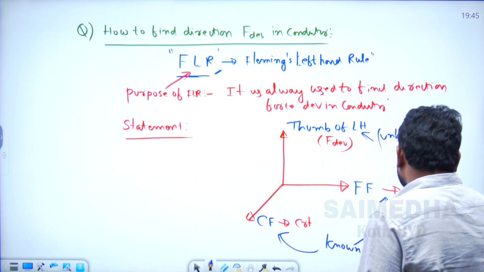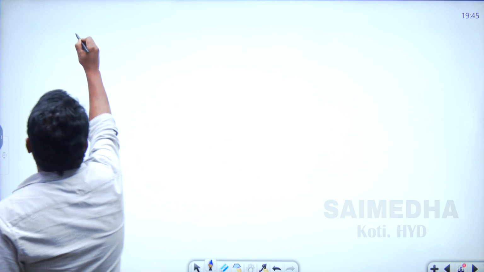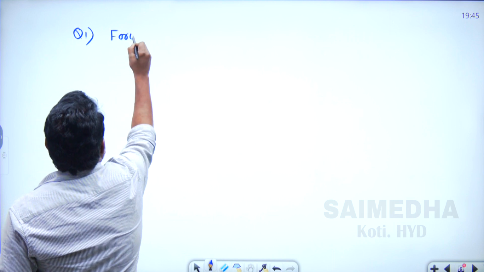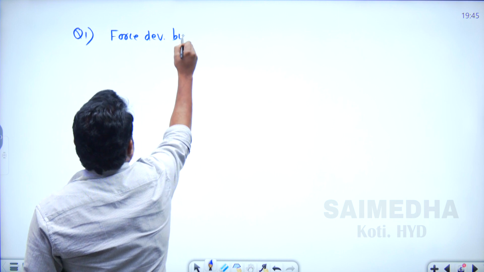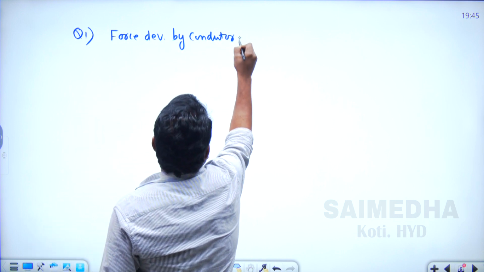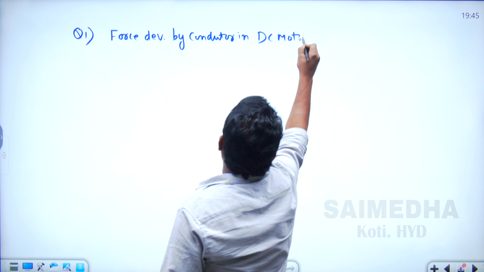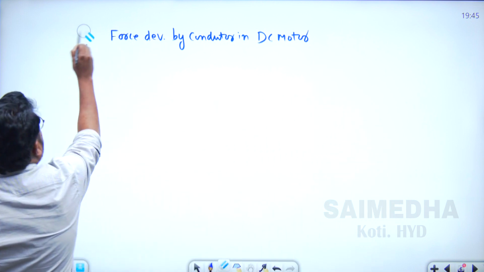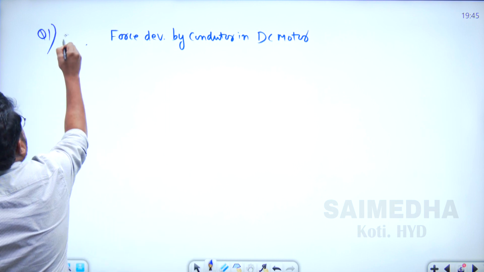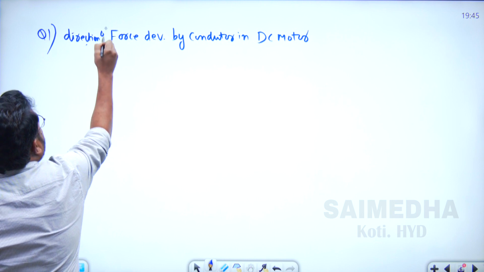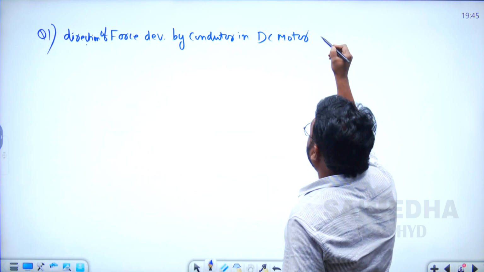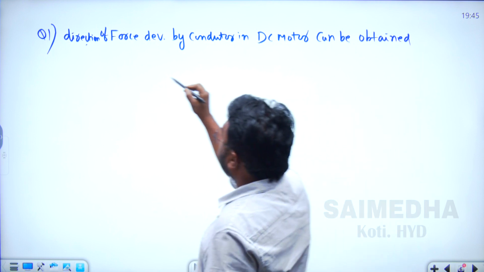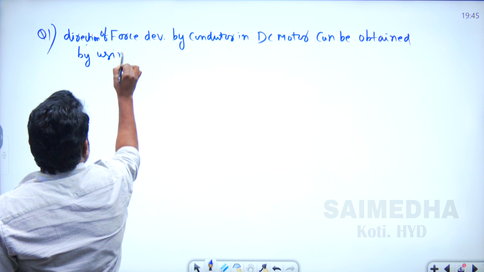Now what are the possible questions from this concept? Question number 1: the direction of the force developed by the conductor in the DC motor can be obtained by using dash.